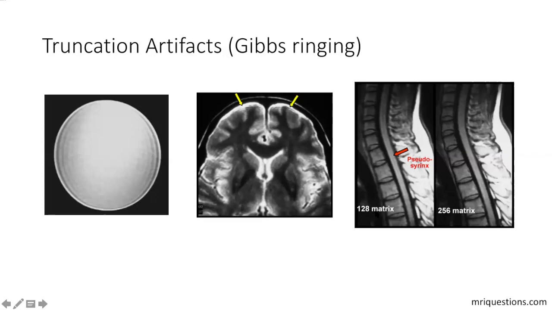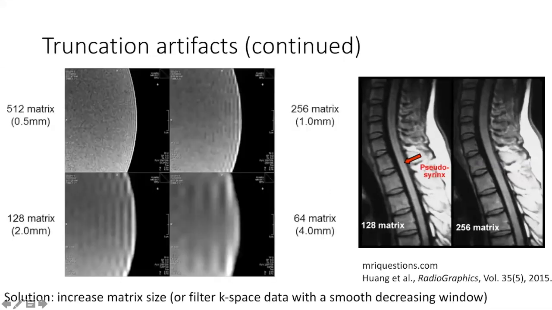So if you have a small matrix size here, you get this pseudo-syrinx, which is actually just a Gibbs ringing artifact that disappears when you increase your matrix size and essentially sample more of the higher spatial frequencies. And this is very evident here when you go from a matrix size of 64 to 128 to 256 to 512.